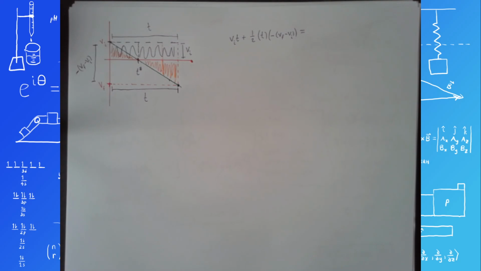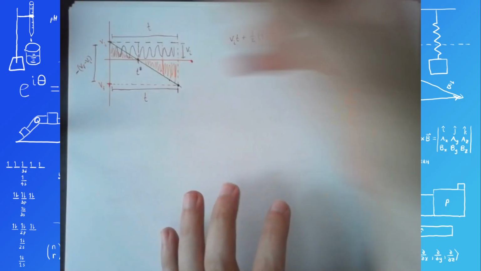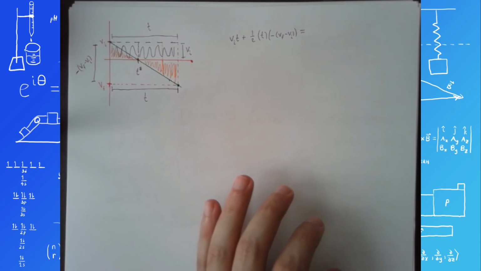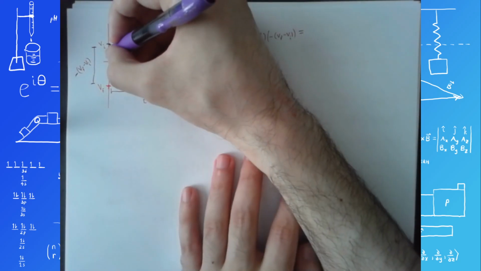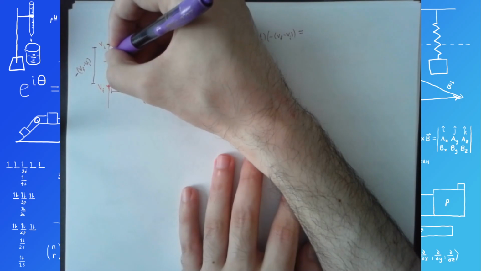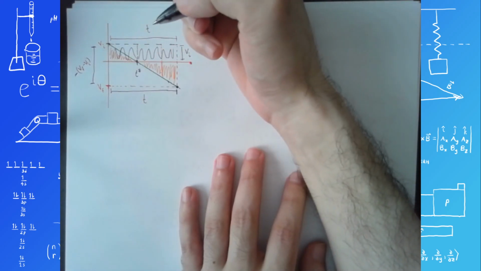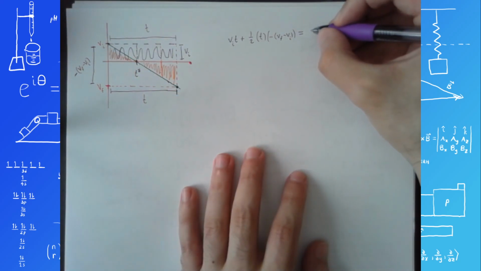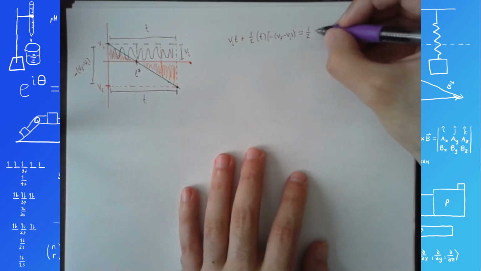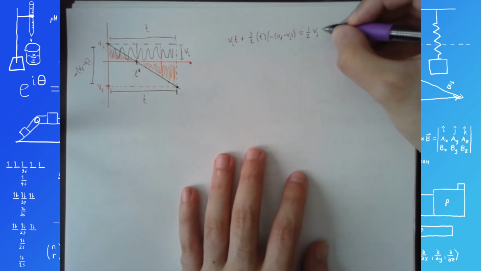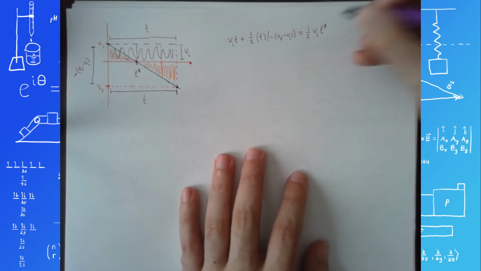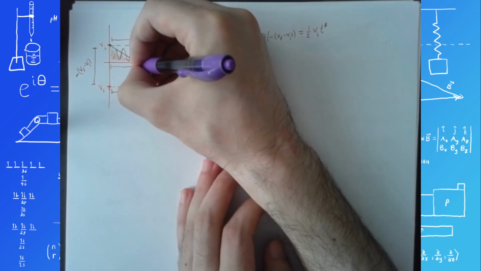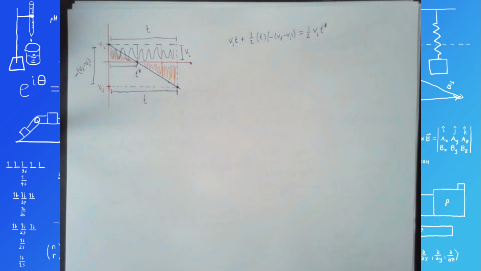So the area of the first orange triangle would be 1/2 base times height. The height from the horizontal axis is just v initial, and the base is just going to be t star, right? The distance from here to here is just t star.